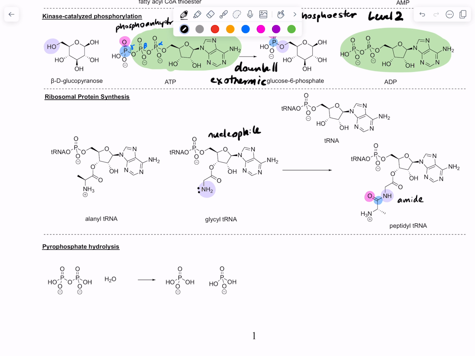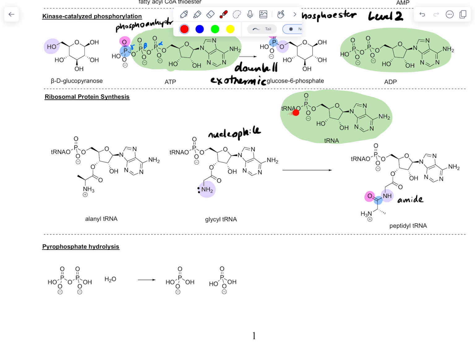Okay? Now, where is the leaving group? What left? Over here on the right, the thing that's called tRNA. So this is the 3' nucleotide of a big long tRNA. You may have heard about those before, you may not. Those are the carriers of amino acids that help with protein synthesis.